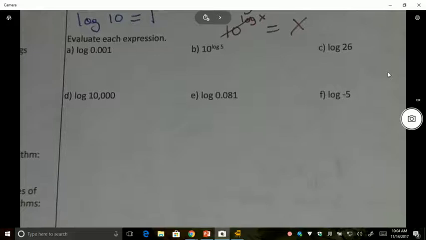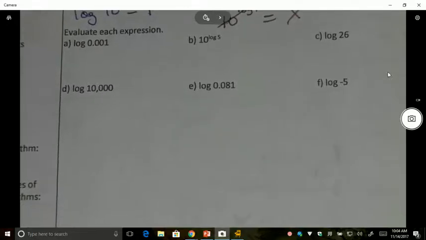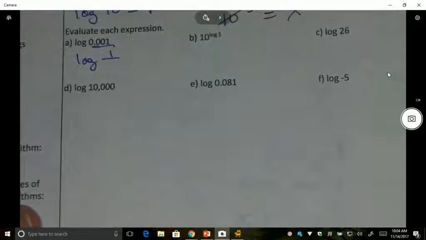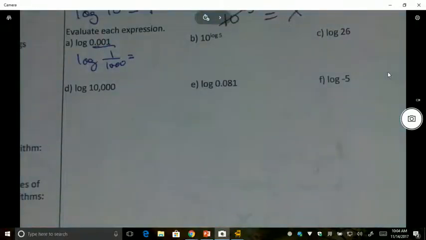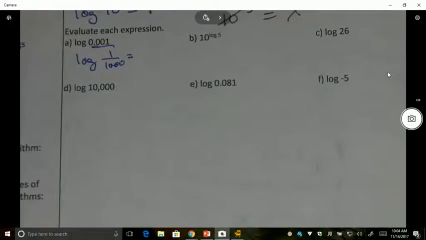A, we actually could rewrite as a fraction. So we will be able to do that, because that's really what number? 1 out of what? 1,000. So because I can rewrite it as a fraction, I'll be able to do it. And because 1,000 does have a base of 10, if I were doing prime factorization.